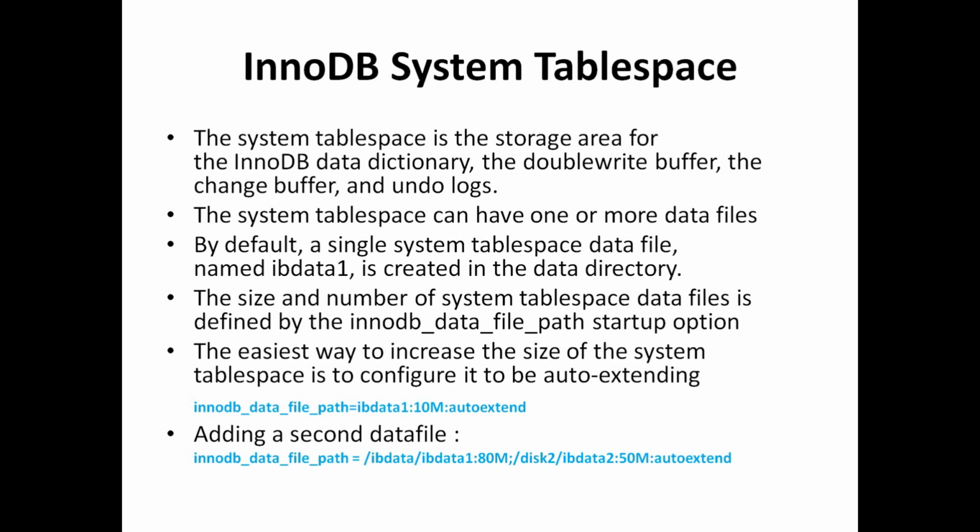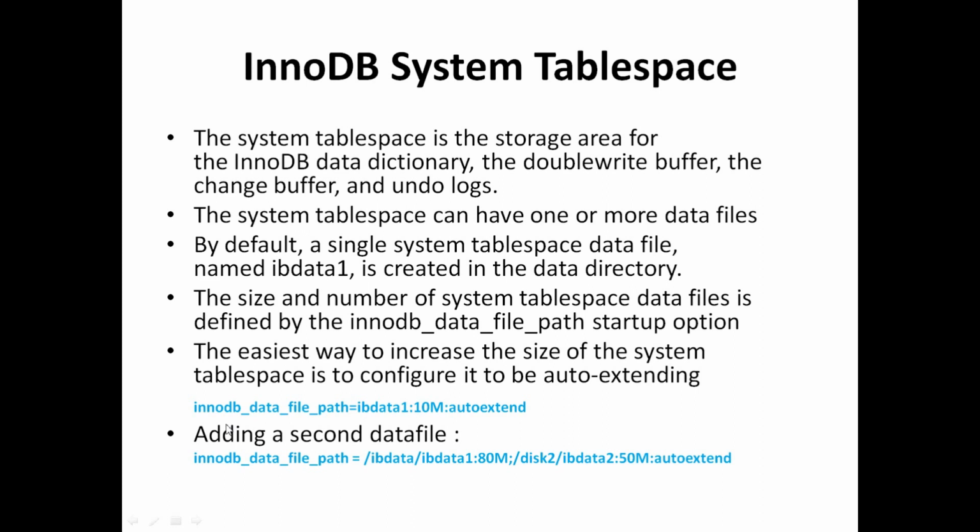The easiest way to increase the size of this system tablespace is to configure it to be auto extending. So in this example, innodb_data_file_path is ibdata1 at 10 MB, which is then auto extended by default.